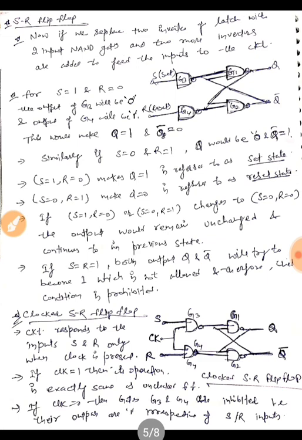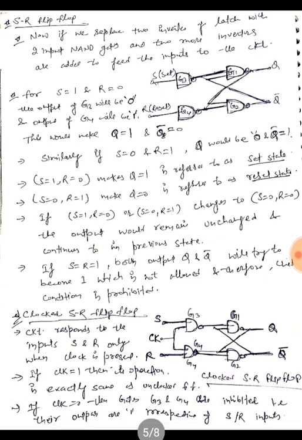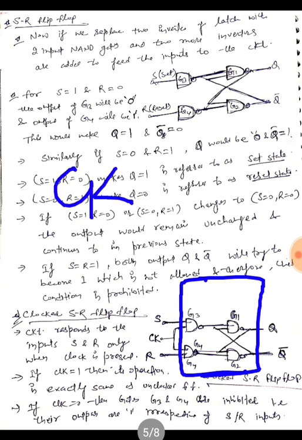So now next is clocked SR flip-flop. In clocked SR flip-flop, we will provide a clock signal to our SR flip-flop. That means it will change its state, or we can save any state that is 0 or 1 into the flip-flop, only when the clock signal is high.